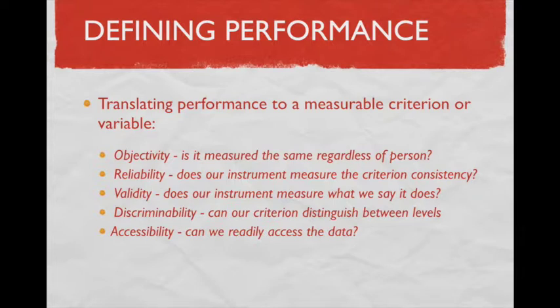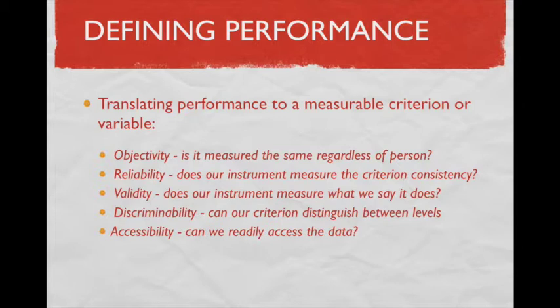The idea of validity: does our instrument measure what we say it does? If we take a stopwatch and we say this stopwatch measures time, is that a valid measure of time? Sure. If I was to say this stopwatch measures ounces of liquid, well, it measures something, but it's probably not ounces of liquid. It's probably not a valid measure of weight or ounce.